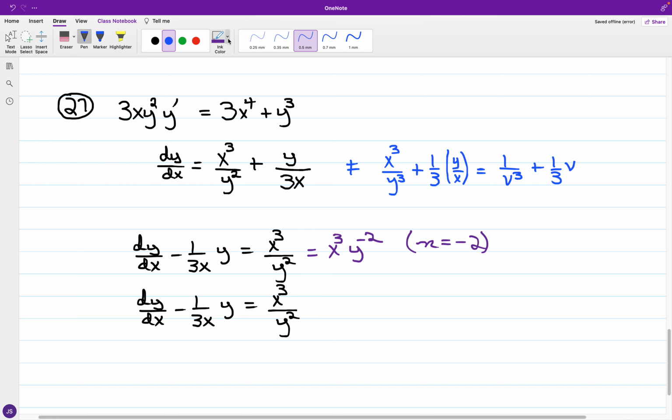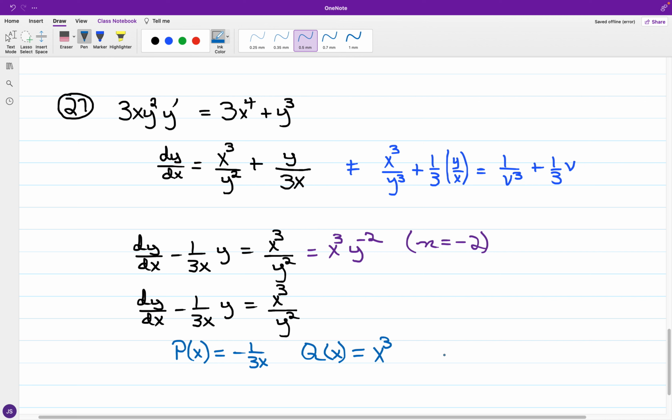Taking some of the items that we have here, for p of x we have minus 1 over 3x, and our q of x is what is multiplying y to the negative 2, or the reciprocal of y squared, so that is going to be x to the third.